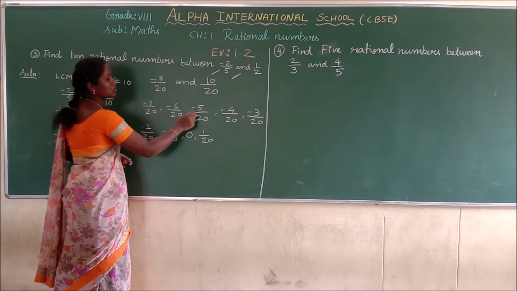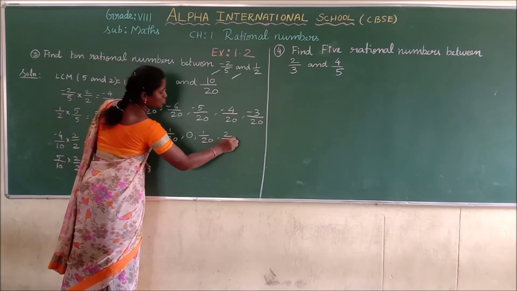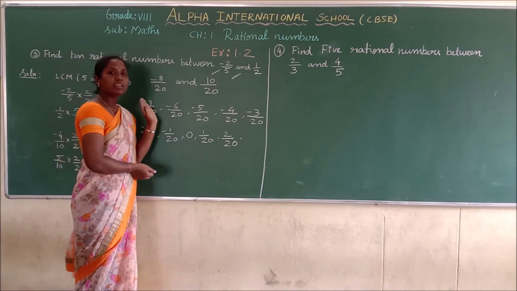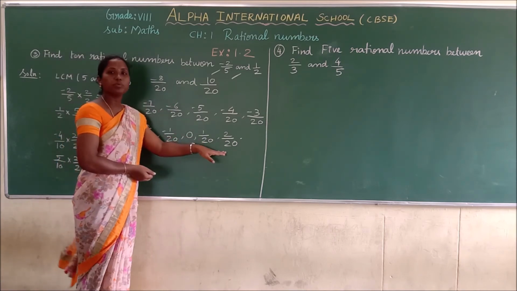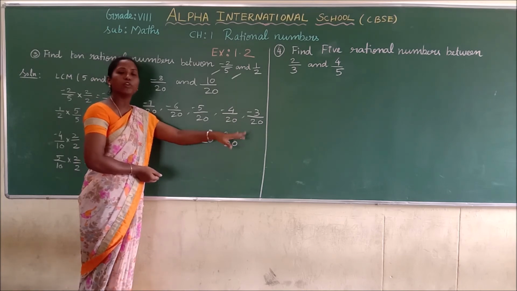So see, 1, 2, 3, 4, 5, 6, 7, 8, 9 and 2 by 20. So 10 rational numbers. They are asking for only 10, so we stop at 2 by 20. If it is 11 or 12, we can go on to 3 by 20, 4 by 20.